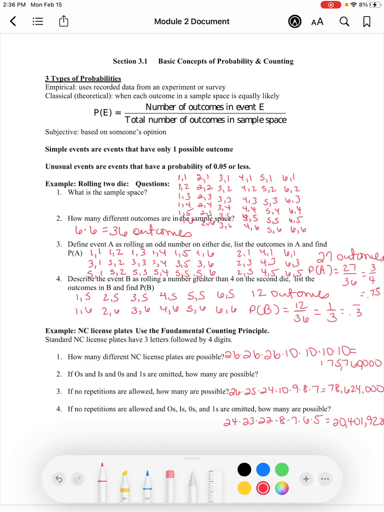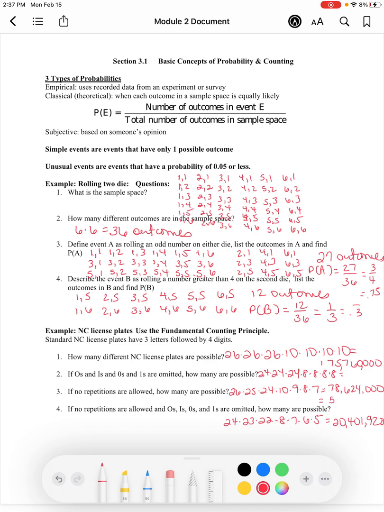So 175,760,000. And then if I omit 2 of the letters and 2 of the numbers, then I do 24 to the 3rd power times 8 to the 4th power.